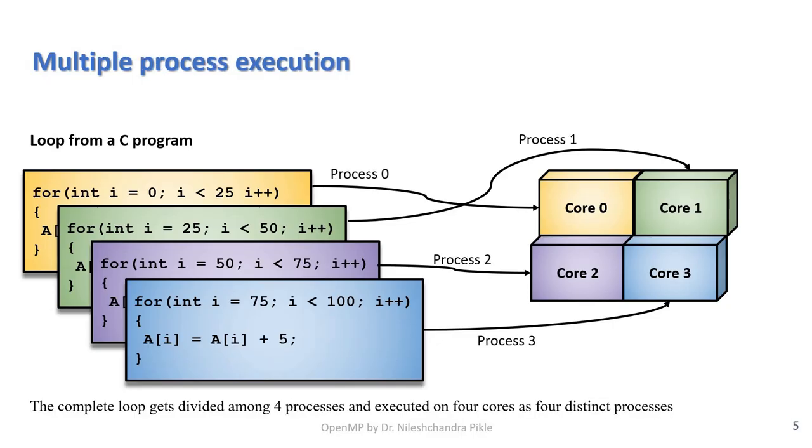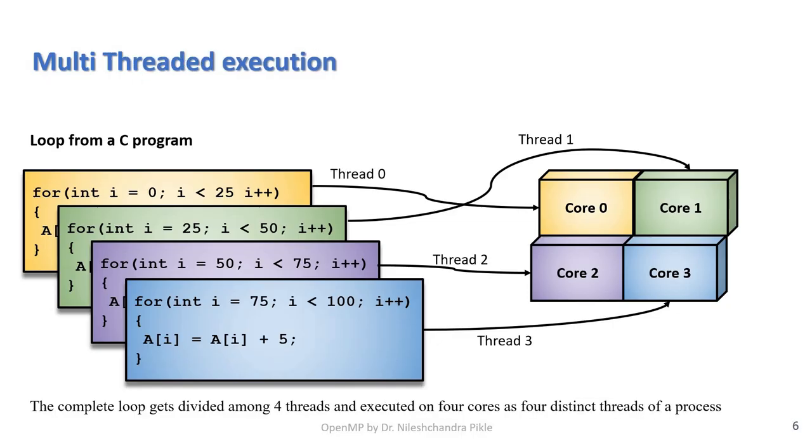Now in a multi-threaded execution, earlier we said multi-process execution, now we are saying multi-thread execution. You can run iterations 0 to 25 as thread 0 on core 0, and 25th to 50th as thread 1 on core 1. So processes are again divided into threads.